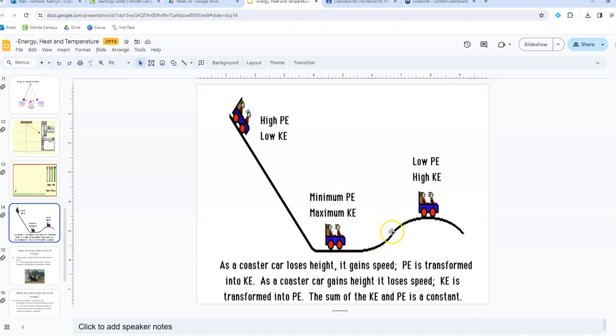And then as it goes back up off the ground, it's still going to have high kinetic energy because you're still going to be going super fast on that roller coaster, but you're also going to have some potential as well, because as you see, you're not on the ground down there. So I would say this is about 75-25, 75% kinetic, 25% potential.